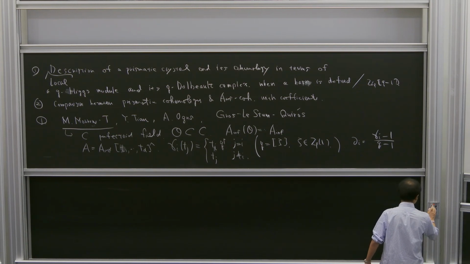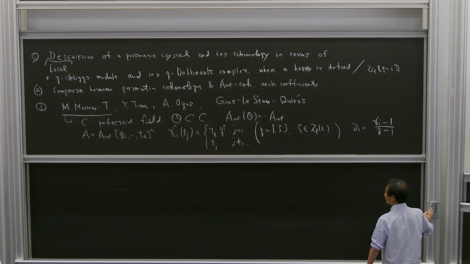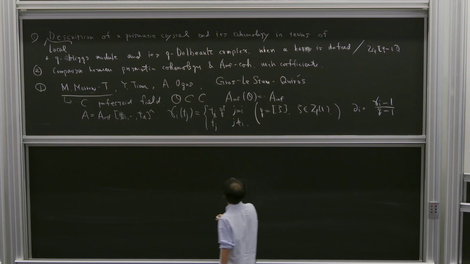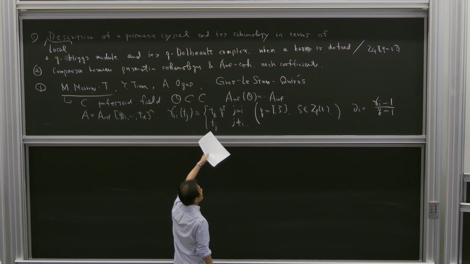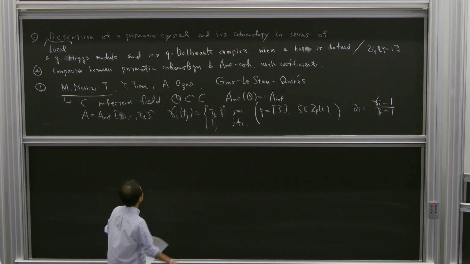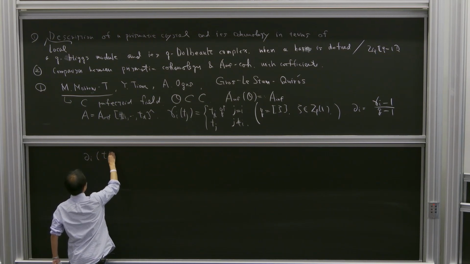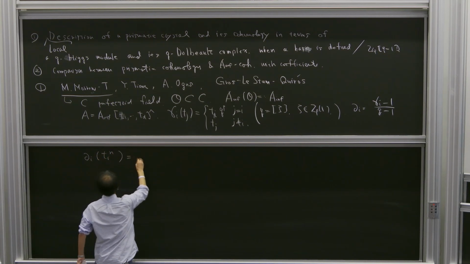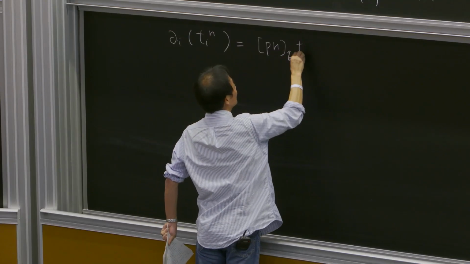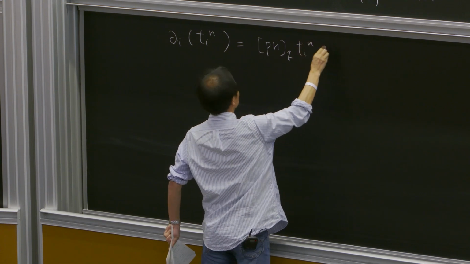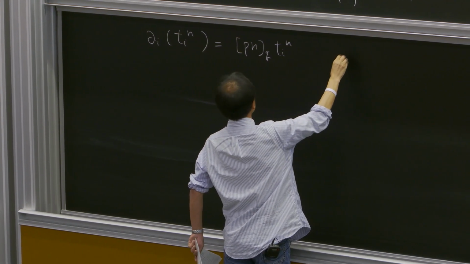Okay, so if you work with q, then you get the usual q-derivation. So if you use this derivation, you get this, and this is a q-analog of integers.